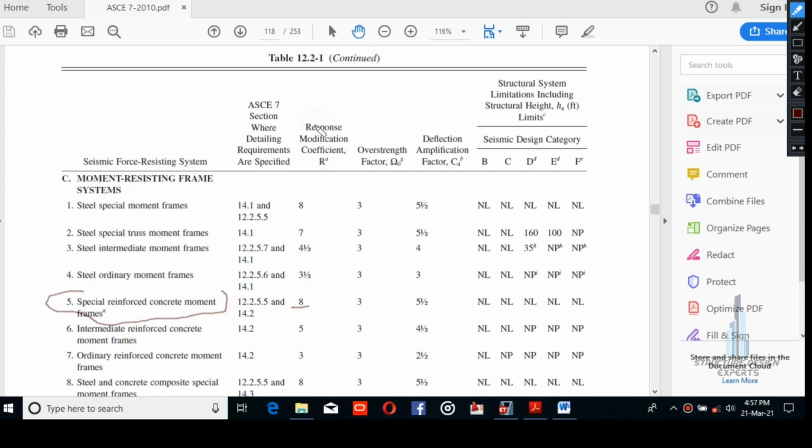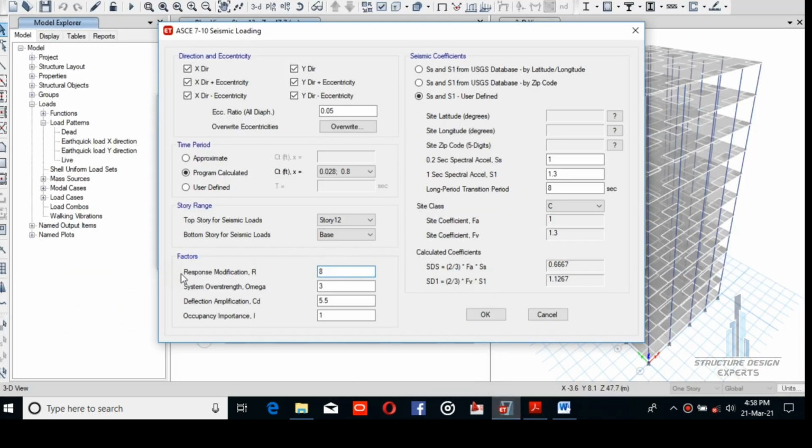So the response modification, which is R, is 8, and the overstrength factor is 3, and the deflection amplification factor is 5.5. So now we should enter the values from ACI 17, which are already present here.